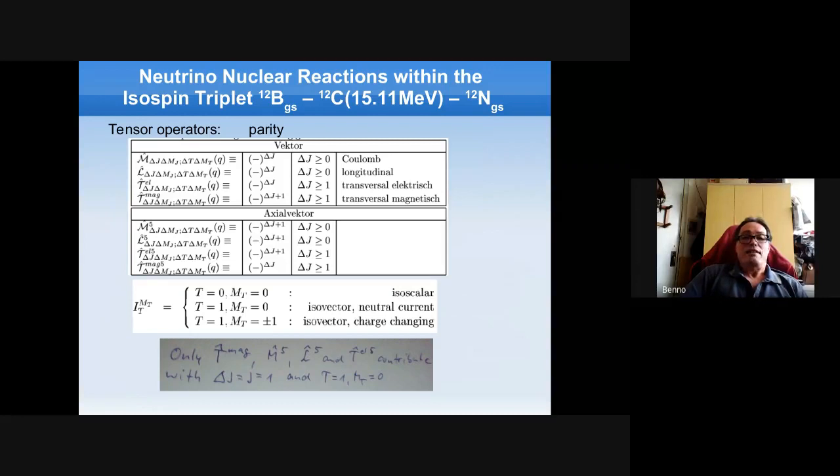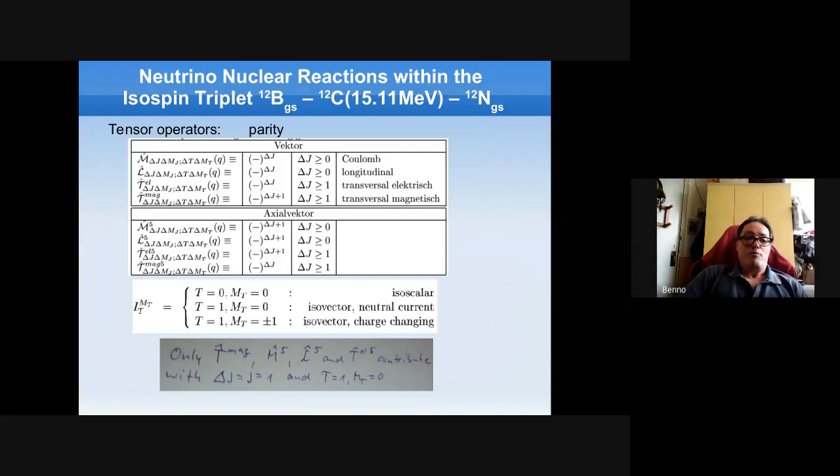For example, we had a spin flip of 1 unit, so the only operator which can emerge in the vector part is the transversal magnetic, because this leaves the parity positive, and in the axial vector we have the contribution of M5, L5, and TEL5 to describe this reaction.